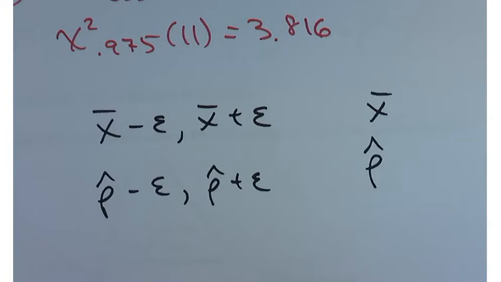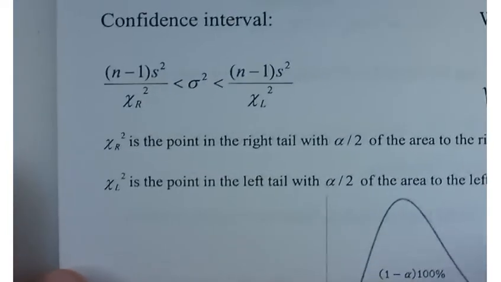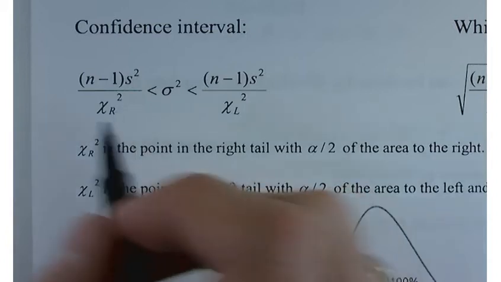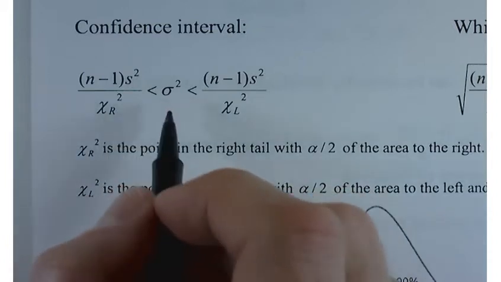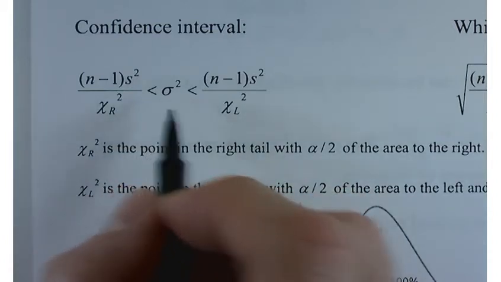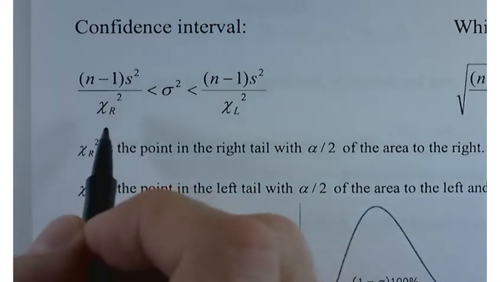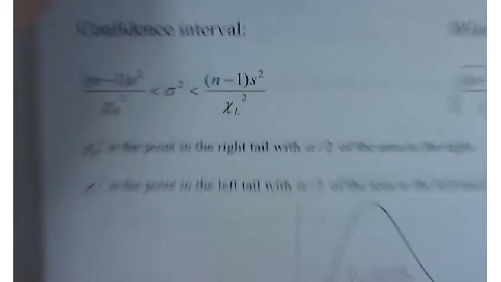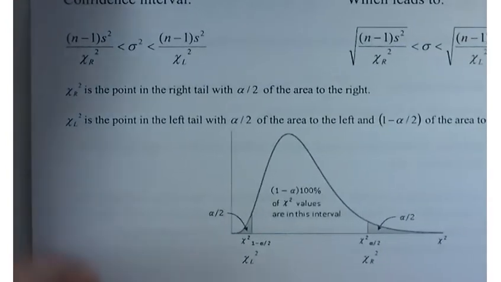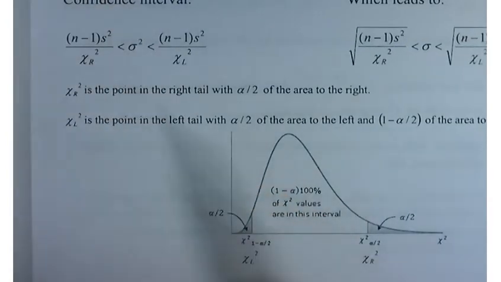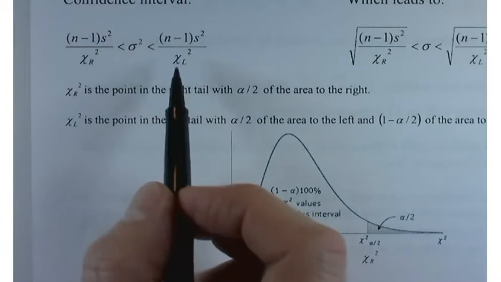For our chi-square distribution, here's our confidence interval for sigma squared, or for our variance. Now, one thing to keep in mind is that there's kind of a little disconnect here.